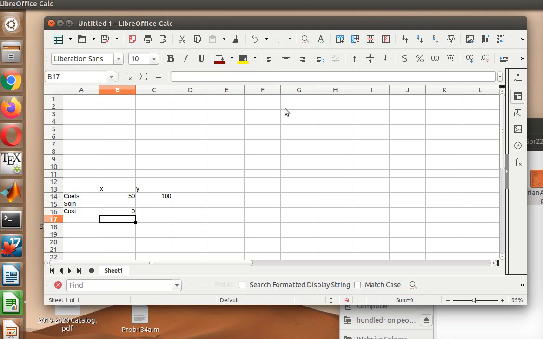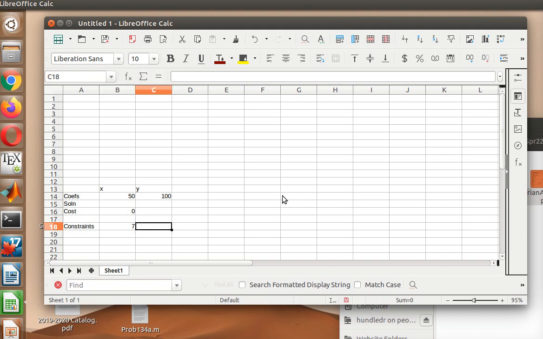Good. Next, we're going to have some cells for the constraints. And here I'm just going to be putting down the coefficients. The first constraint was 7x plus 2y is greater than or equal to 28.